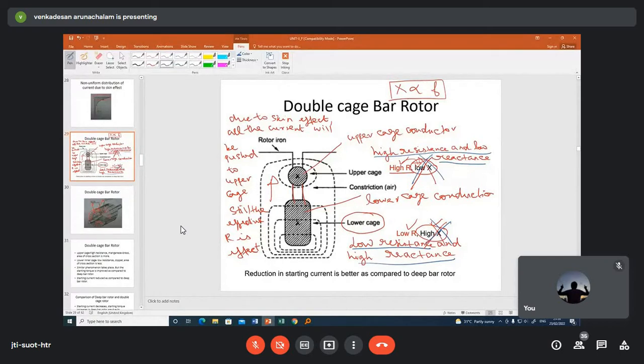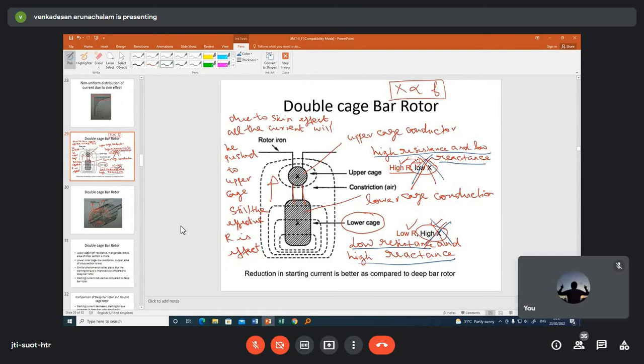If it is not penetrating till the lower cage during running time, the machine will have poor efficiency, because the complete potential of the conductor will not be exploited, right? The complete potential of the conductor will not be exploited if we don't have low resistance in the lower cage. So during running time, the current will penetrate till the lower cage of the rotor.